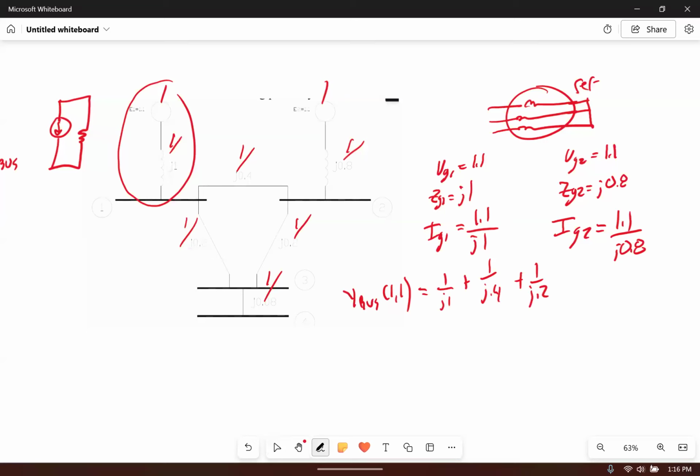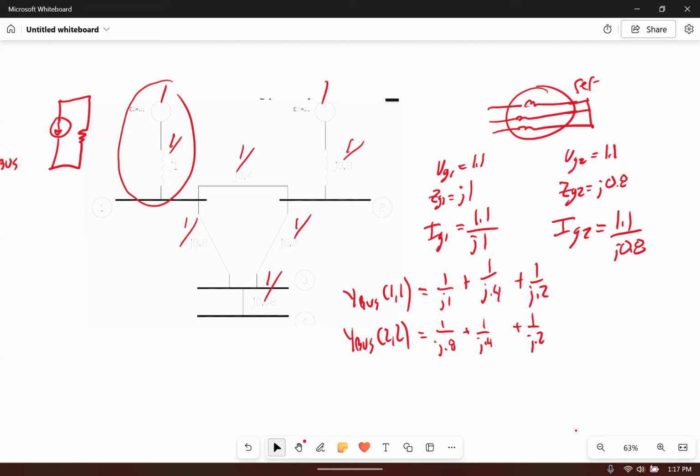Now I'll follow the step-by-step process, but you don't have to. The step-by-step was do all the self-admittances. So now we're going to do Y bus 2,2, which is equal to everything connected to bus 2: 1 over j0.8 plus 1 over j0.4 plus 1 over j0.2.